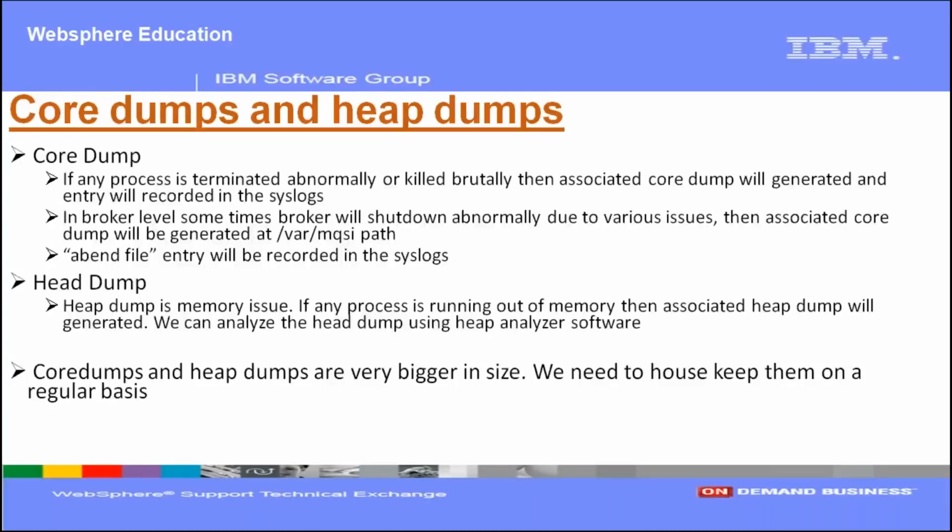The question is whenever a broker process is terminated abnormally by the operating system, or if a broker terminates by itself due to some issue, then only the core dump will be generated. If we shut down the broker in a healthy manner, then there is no question of core dumps.